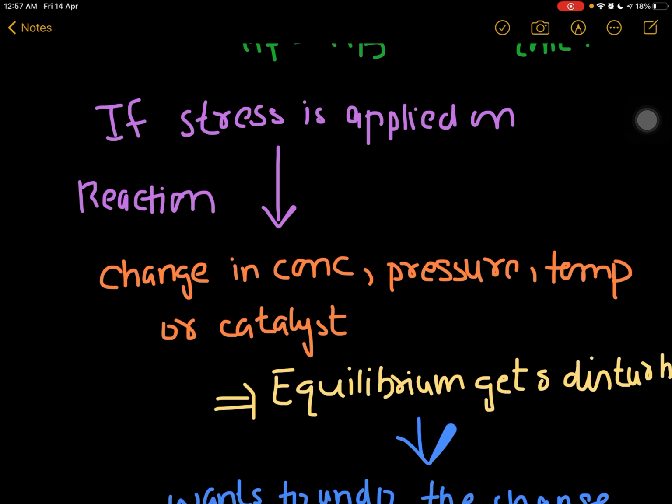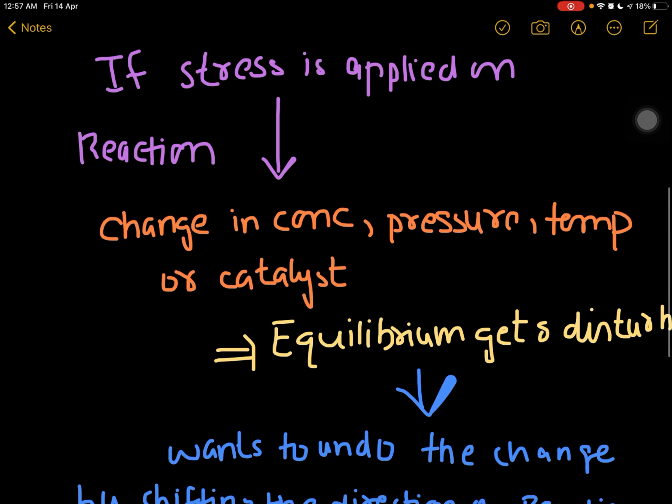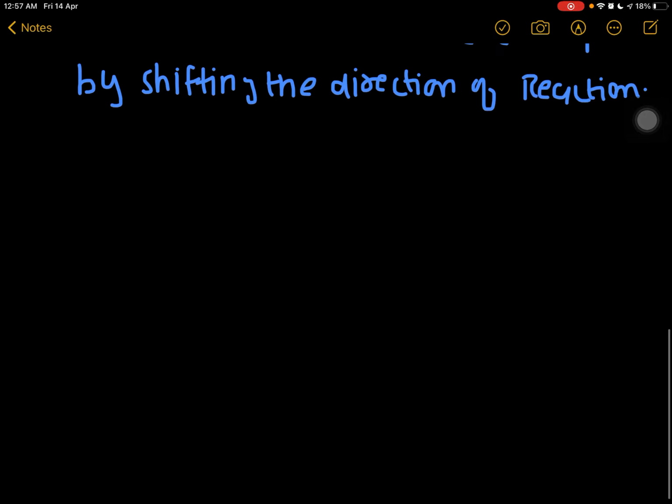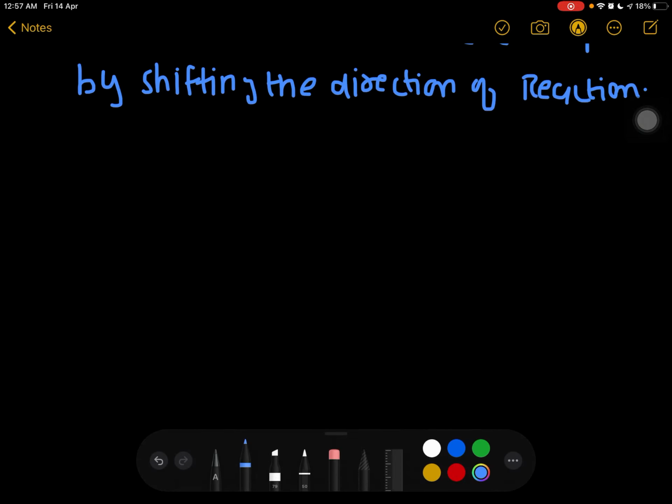So the disturbed equilibrium tries to maintain the original position by changing the direction of the reaction. So this is the main statement of Le Chatelier's principle, right? So now let's first discuss what happens if the concentration is changed.